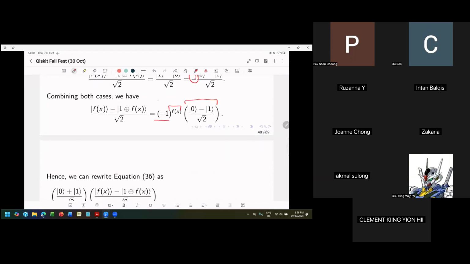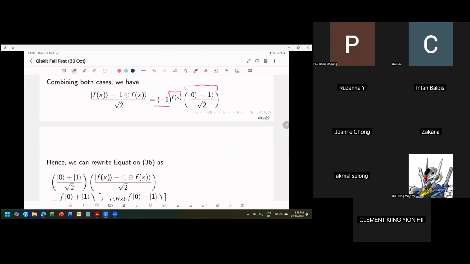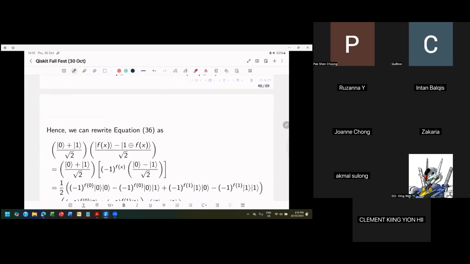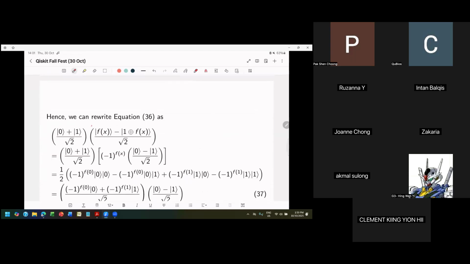So now we combine these very general results. You can rewrite equation 36. This is the original bracket, and this is what I have simplified afterwards. At this point, I have not applied whatever values are in the first qubit. So in this equality, I plug in all the values of x inside.